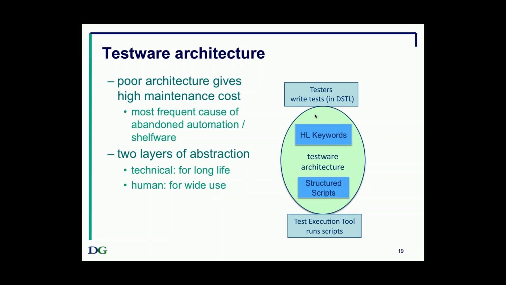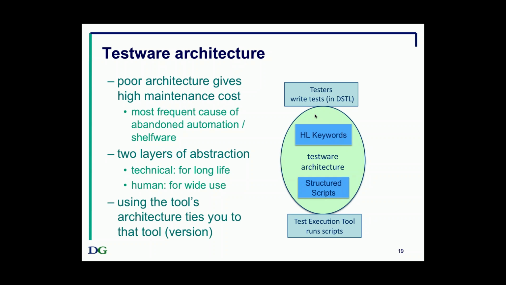But to get to that point, it takes a lot of structured support from people with technical knowledge. If you only accept what the tool gives you, you are tied to that tool and, in fact, to that version of the tool. So if you want automation to be long-lasting and widely used, the testware architecture is critical.